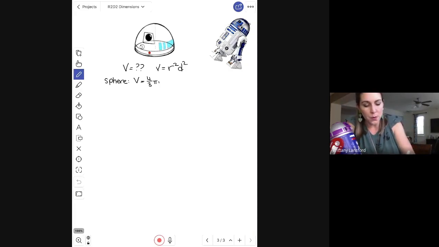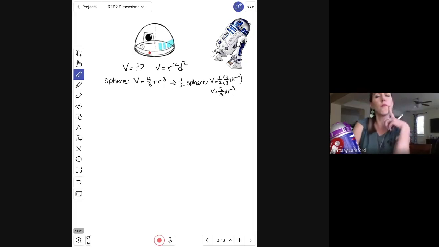So a half sphere has the formula volume is equal to 1/2 times 4/3 pi r cubed, which is the same thing reduced as 2/3 pi r cubed. Okay, immediately that doesn't simplify to r squared d squared in this case.